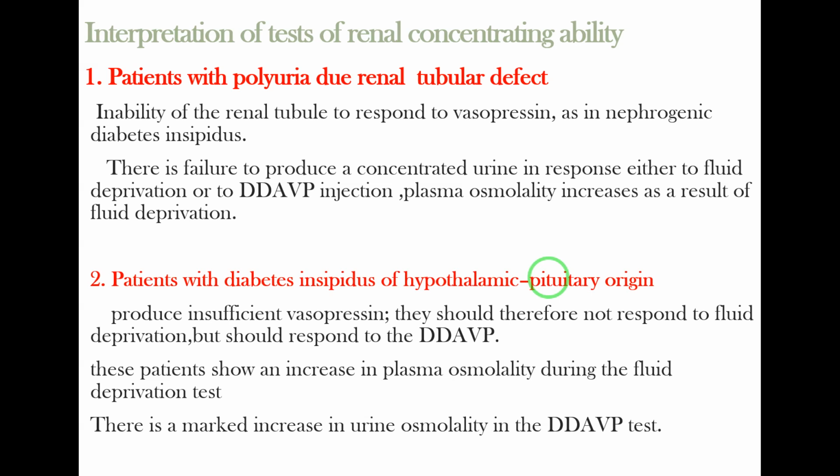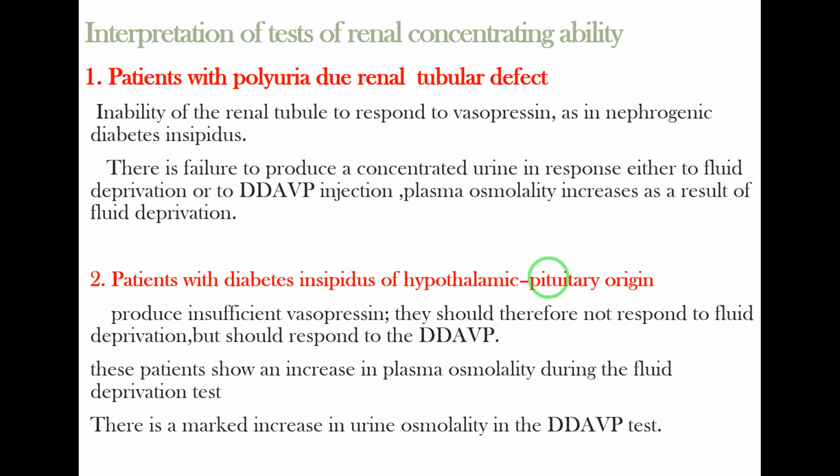But if the patient has polyuria, an increase in urine volume, due to a hypothalamic-pituitary origin, in which there is a defect in the production of the antidiuretic hormone, the hormone responsible for water reabsorption, then if we give him synthetic vasopressin or antidiuretic hormone, the DDAVP, the result is that during the fluid deprivation test, the plasma osmolarity increases.